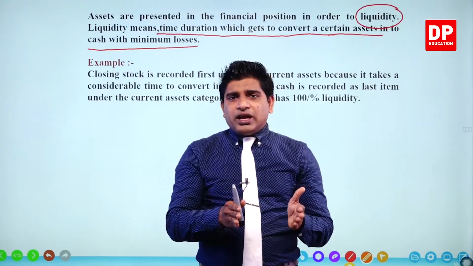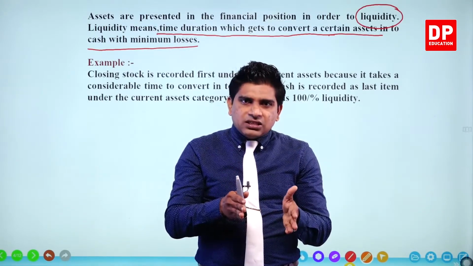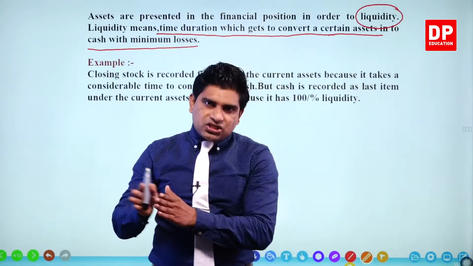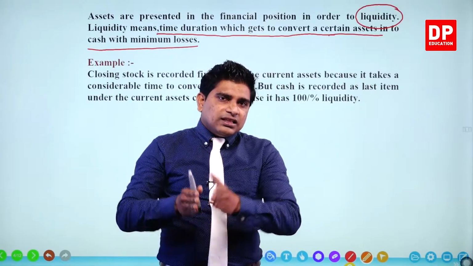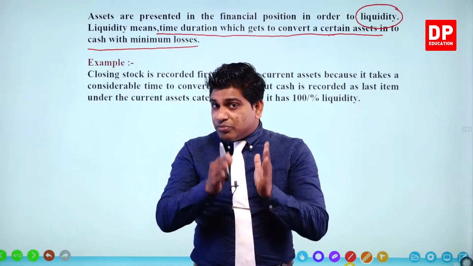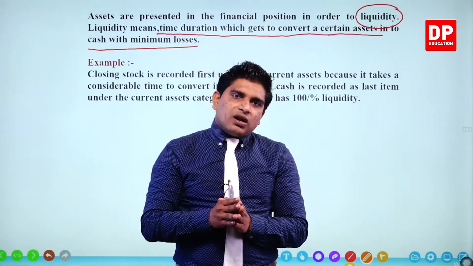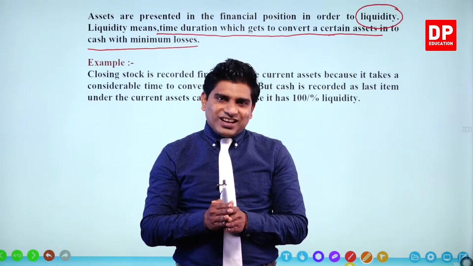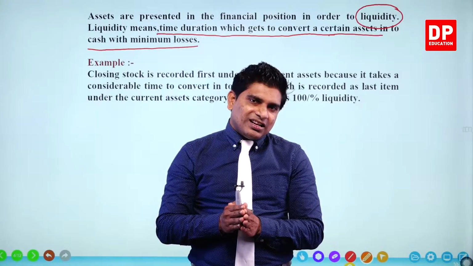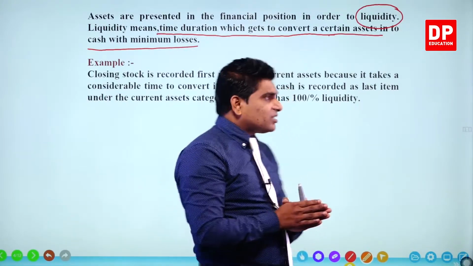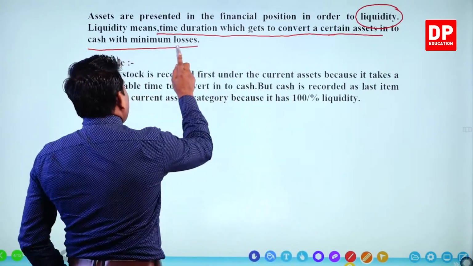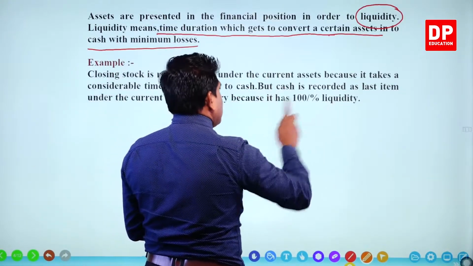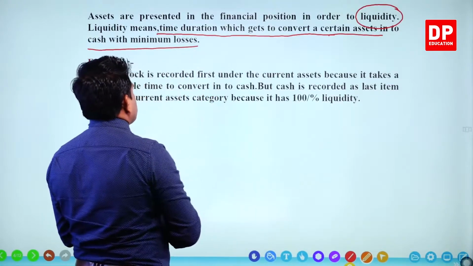The time duration it takes to convert a certain asset into cash with minimum losses, that is called liquidity. I think you understood well, right? Liquidity means the time duration it takes to convert a certain asset into cash.